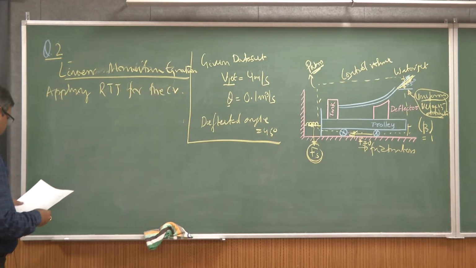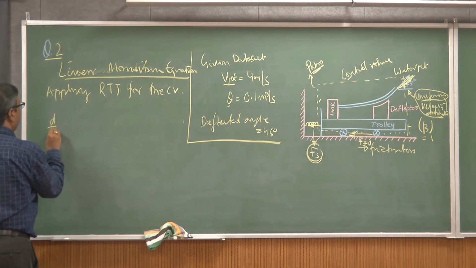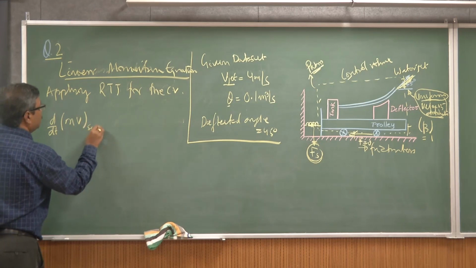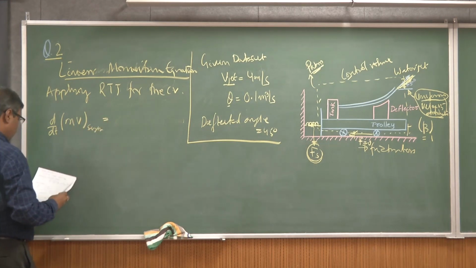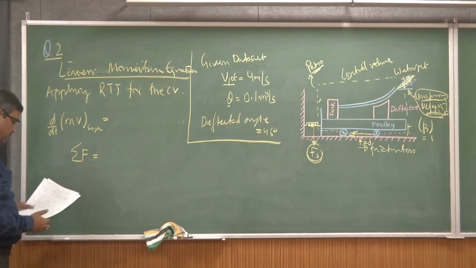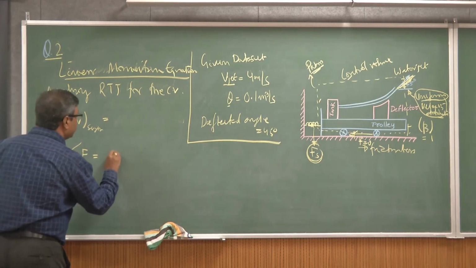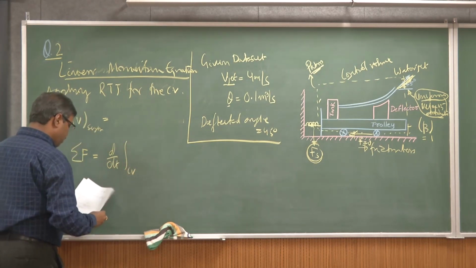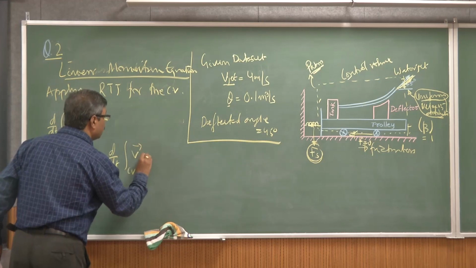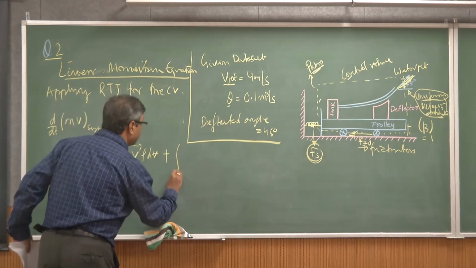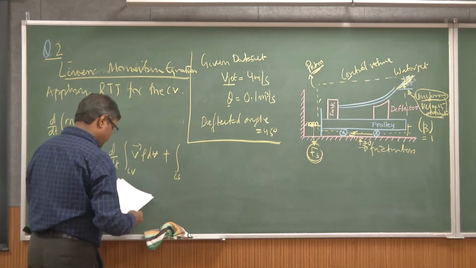we'll get dB/dt of the system equal to the sum of the forces acting on the control volume plus the flux through the control surface.